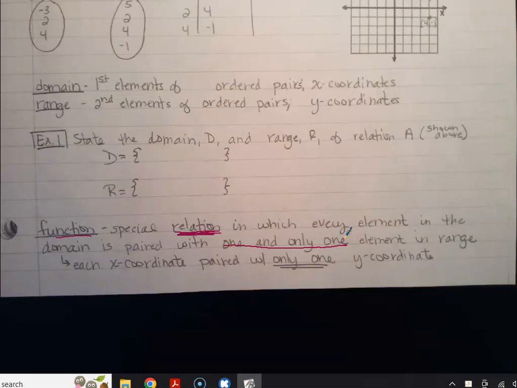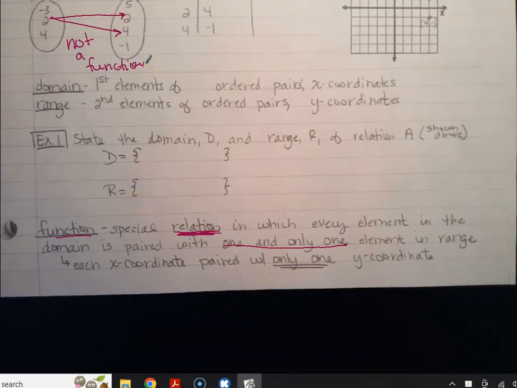So is set A a function? Why not? Okay, because this x, this 2, was paired with 2 and it was paired with 4. This makes it not a function.